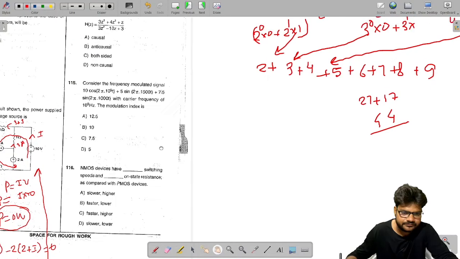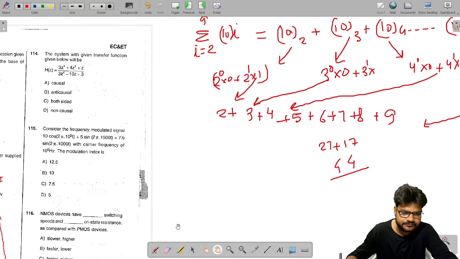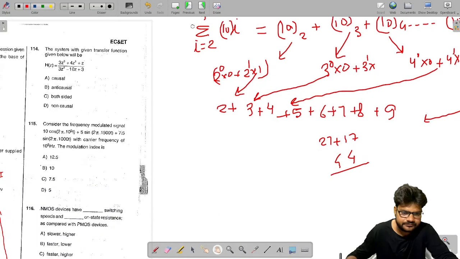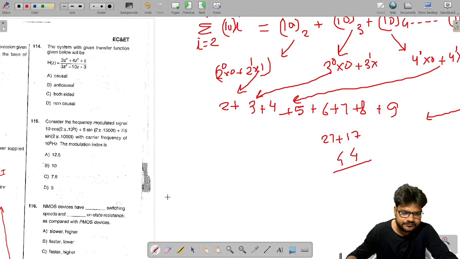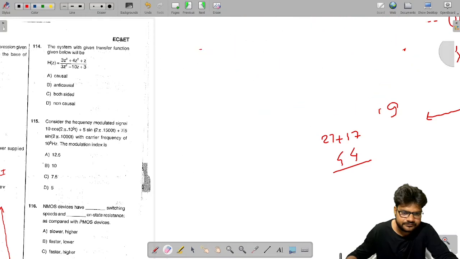Now let us go to the next question, number 114. This is a question from signals and systems, from the Z-transformation topic. The question is: the system with the transfer function given below, H(z) is this. If you observe H(z), this is a numerator polynomial and this is the denominator, so this is a rational function, numerator by denominator.